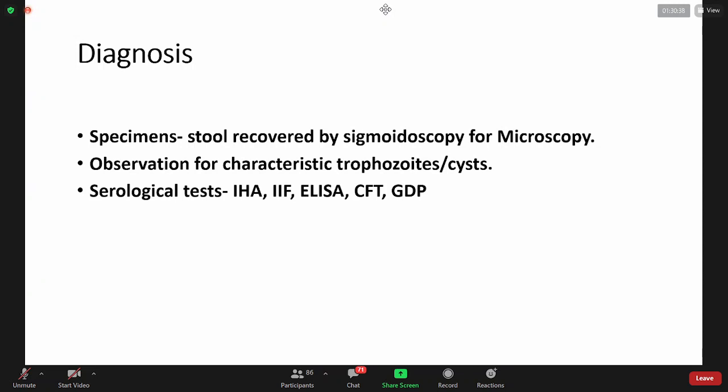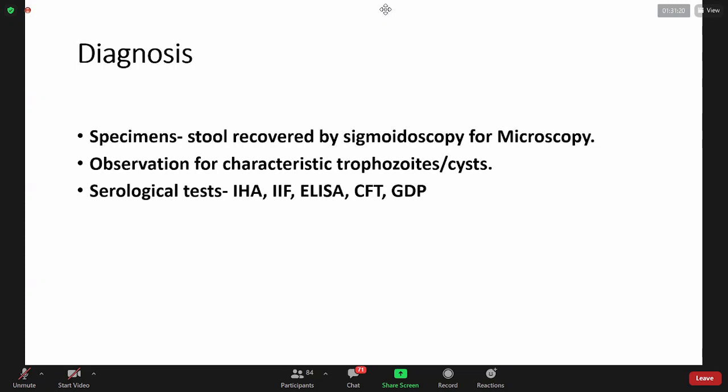In the diagnosis, we usually collect stool from the affected area, and then we subject this to microscopy. You can stain with iodine, and then you observe the characteristics of the trophozoites or the cysts, which we already have mentioned. We have said the trophozoite usually has ingested red blood cells.